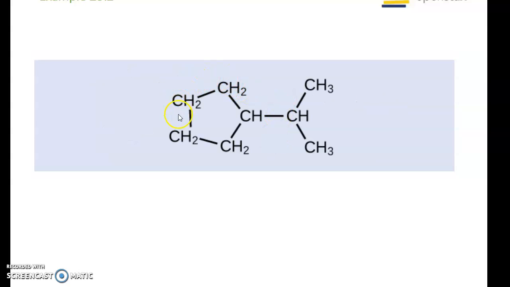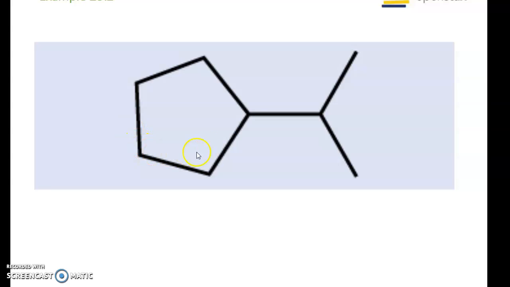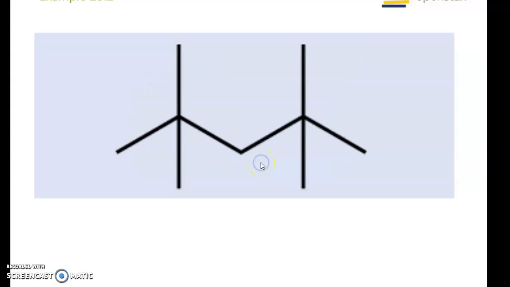Here, again, you would have 5 carbons in this ring and 2 carbons off of there. So it would look something like this, right? So you can see how these are simpler, but you have to understand what each one of them means. Likewise with this one right here, there would be 1, 2, 3, 4, 5, okay, with 2 methyl groups off of here, 2 methyl groups off of here.